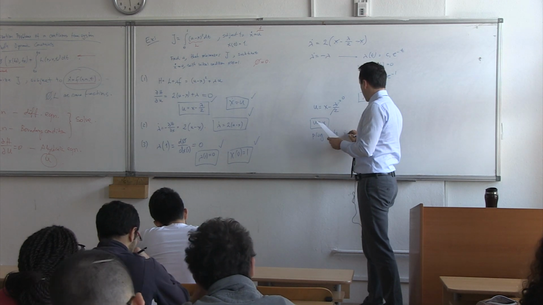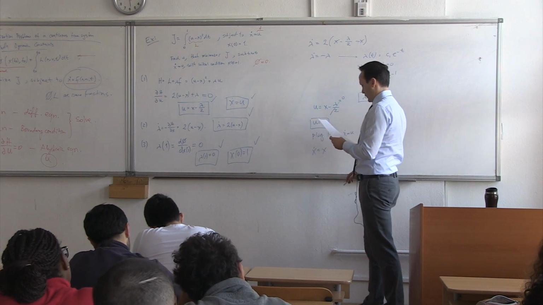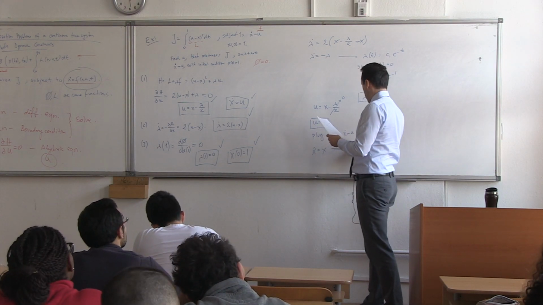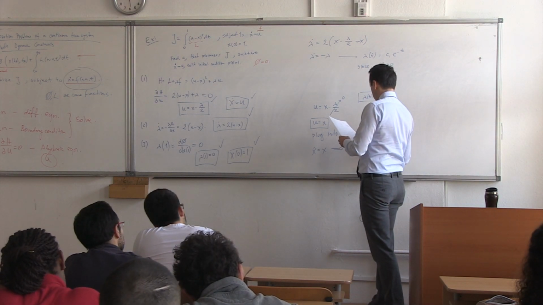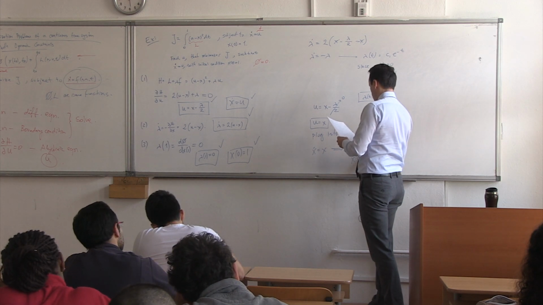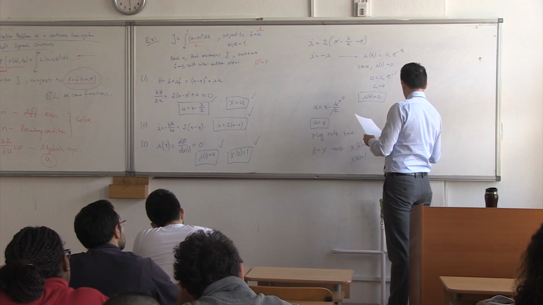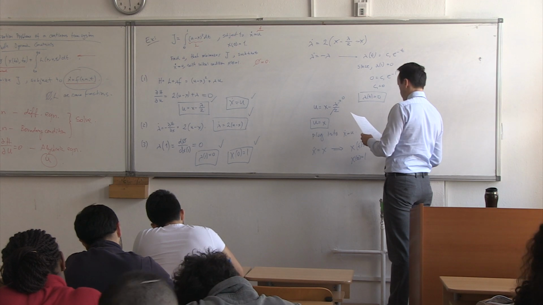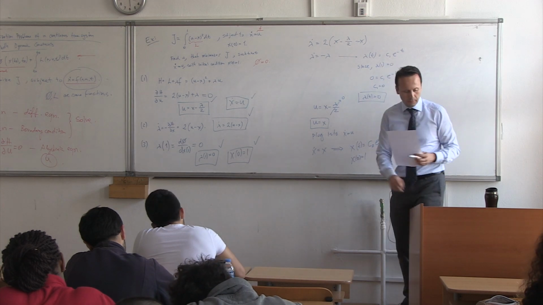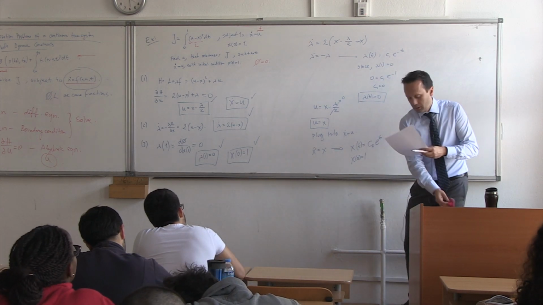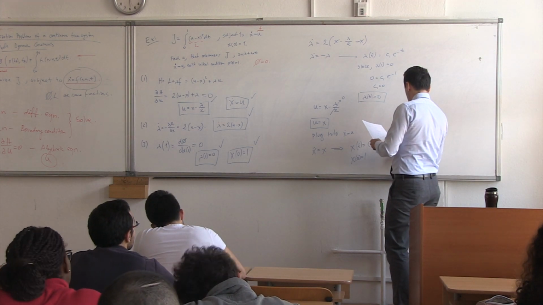Plug into x dot is equal to u. You get x dot is equal to x. And from that you get, again, the same thing. And I know x0 is equal to 1. So x of t is equal to e to the power t. Wait. 1 is equal to c2 times e to the power 0. c2 is equal to 1.